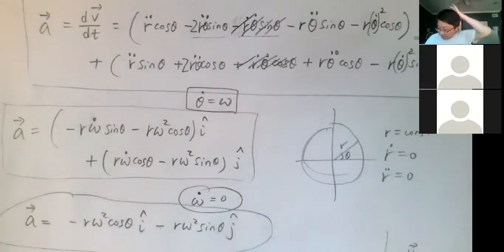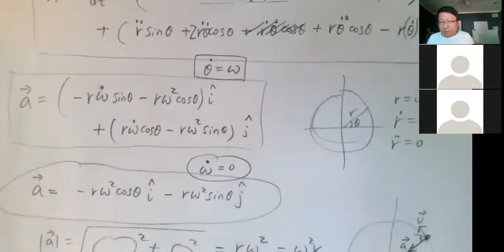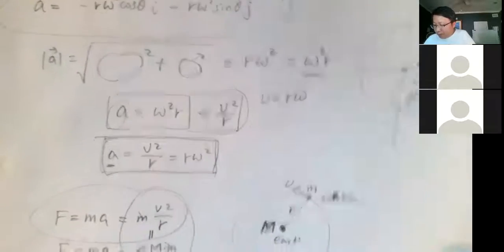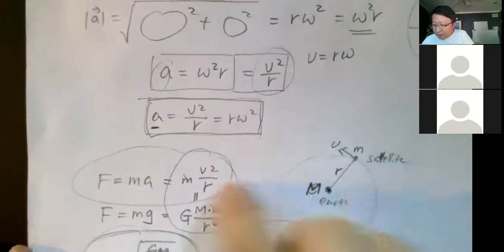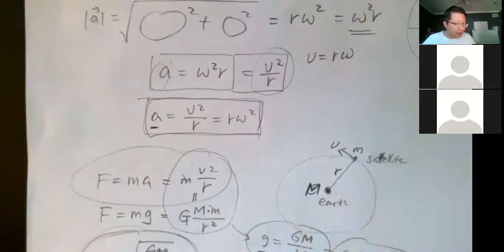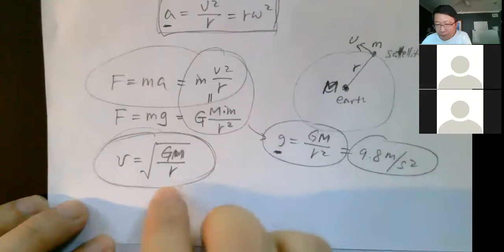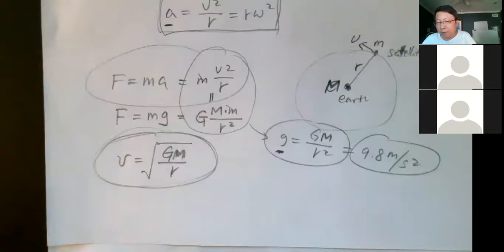Is that right? Okay, so once we have this formula, we can do all kinds of other interesting circular motion math problems. For example, I already quickly gave you an example of how to derive the satellite speed formula.